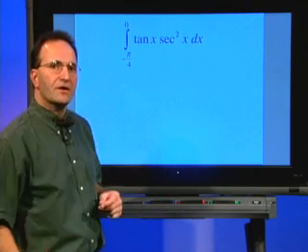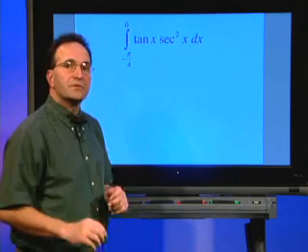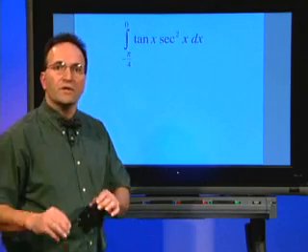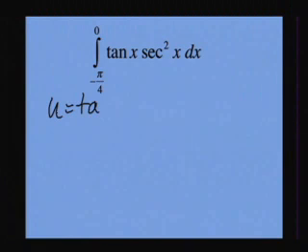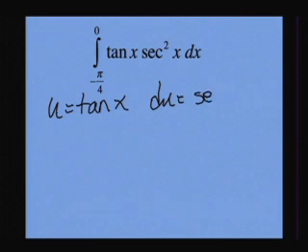Let's find out how you did on this problem. The u substitution that you should have used was the one that we used in the previous example. So u is equal to tan x, and du is equal to secant squared x dx.